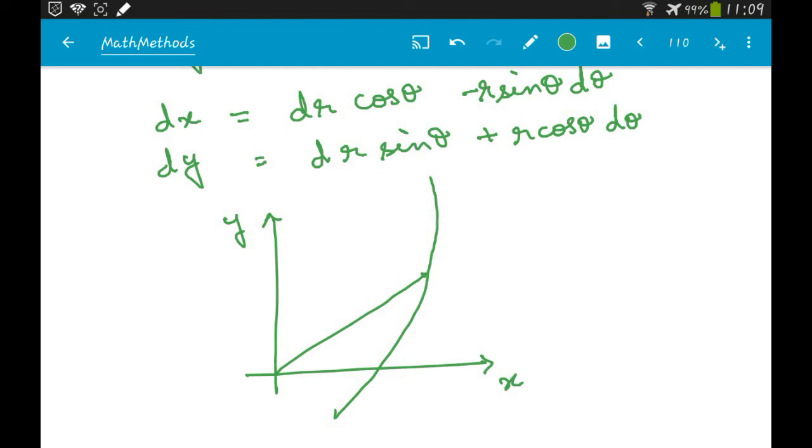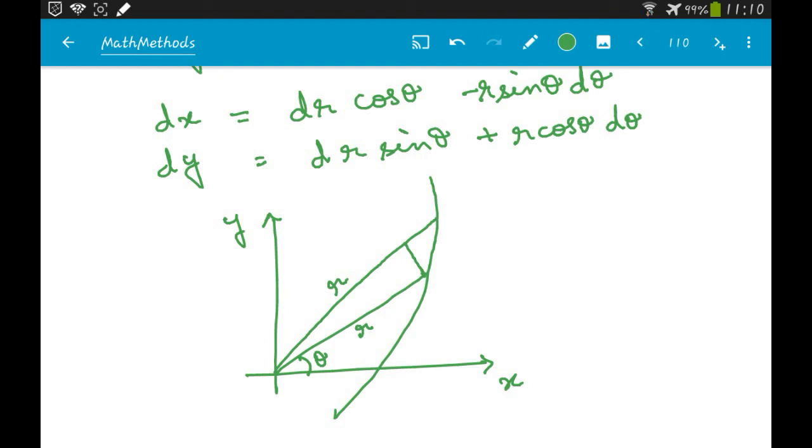Let's say this vector changed by a certain dr, so essentially it went here. The length is the same, so let's call this r, and this is theta. Since the length is the same, this is also r.